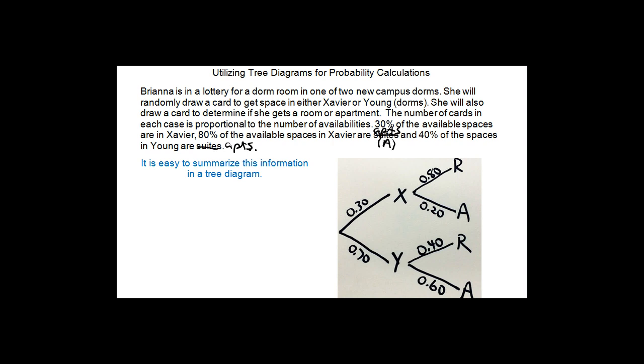There's a 30% chance that the student will get into Xavier, a 70% chance they'll get into Young. Once they get into Xavier, there's an 80% chance of getting a room, a 20% chance of getting an apartment. Once they get into Young, there's a 40% chance of getting a room and a 60% chance of getting an apartment. So I took all that information and summarized it and created probabilities in a tree diagram.